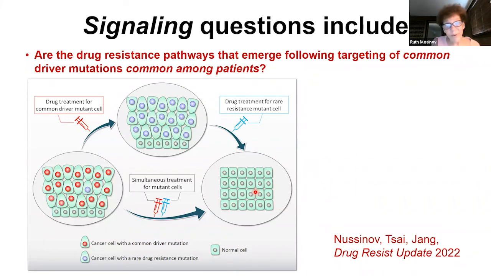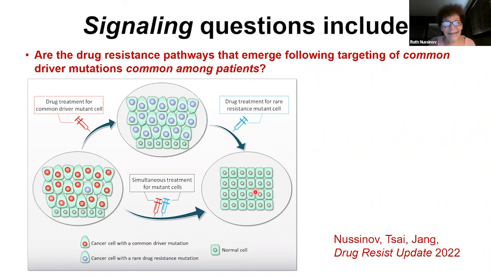For example, we asked, are the drug resistance pathways that emerge following targeting of common driver mutations also common among patients? For example, consider that two people, or two different tissues, have the same cancer arising from the same mutation, for example, G12C.